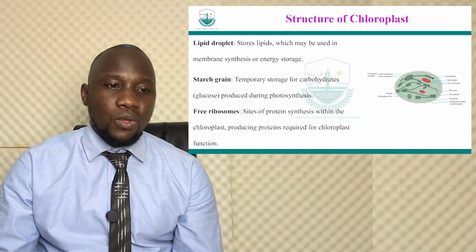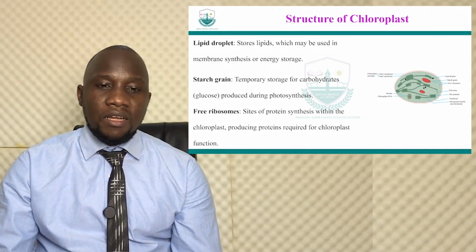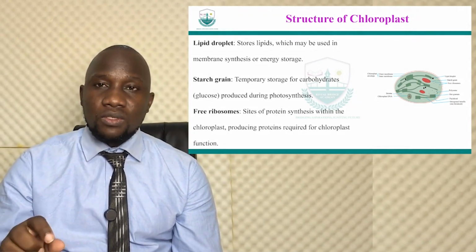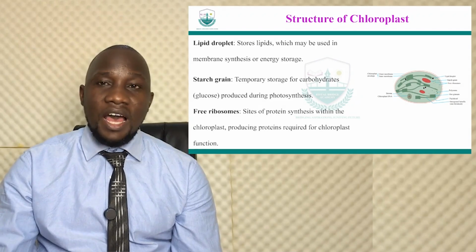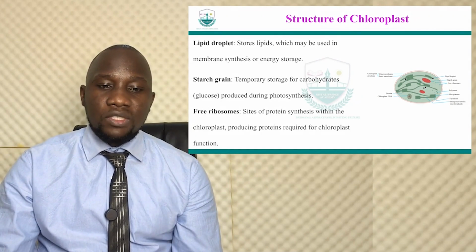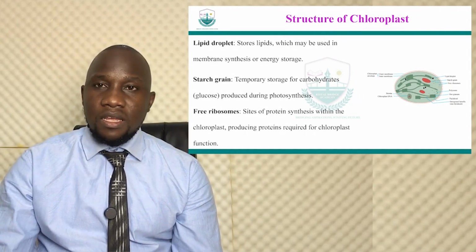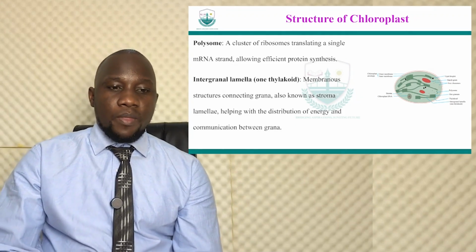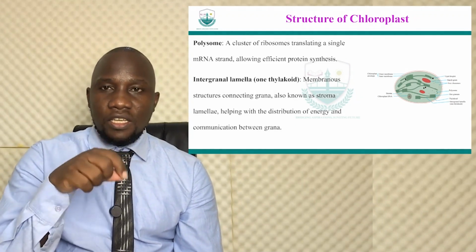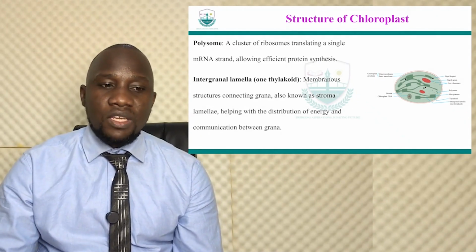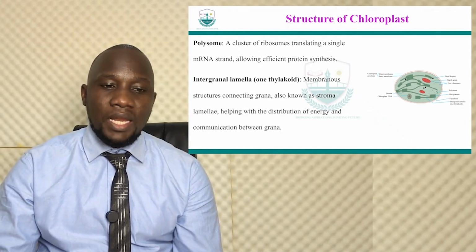And then other things, we have the lipid droplets, which can be used for synthesizing membrane and also energy storage. And then starch grains, also for temporary storage of carbohydrates that are produced from the process of photosynthesis. Okay, and then we said that these grana are actually connected using what we call the intergranular lamella.